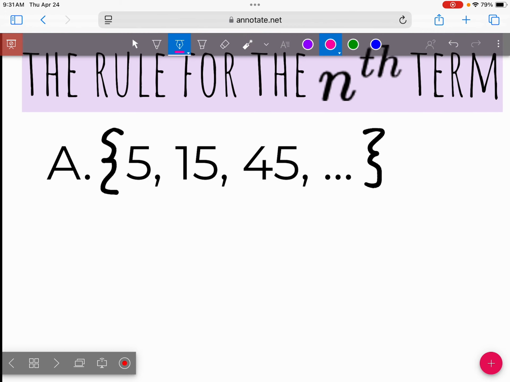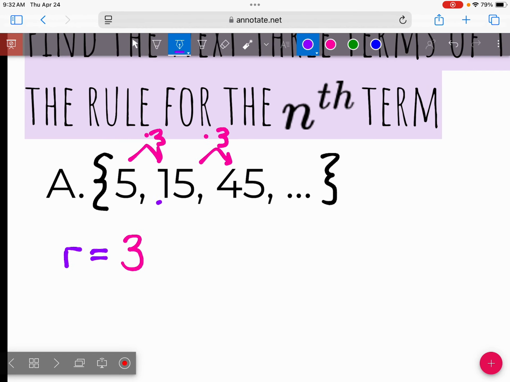It's multiplying by 3. So it's times 3 here, and then it's times 3. That's the same thing as our common ratio, just like how it was plus 2, plus 2, plus 2 for our arithmetics. For our geometrics, it's what it's being multiplied by. So our common ratio, what it's multiplying by, is that 3. You could also do that by finding the division of a2 over a1. 15 divided by 5 gives us that exact same thing. So if it's not something you spot, you can divide two neighboring terms.